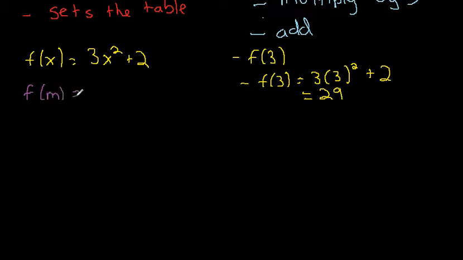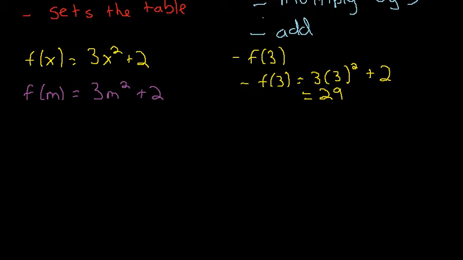Well, remember, the function is just telling you what to do to whatever's in here. So f is squaring, multiplying by 3, and adding 2. So f of m is, again, just going to be squaring, multiplying by 3, and adding 2. Nothing really changes except the m has replaced the x, just like the 3 replaced the x.